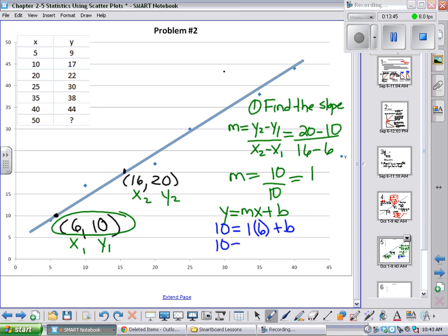So 10 equals 6 plus b. Minus 6, minus 6. I get b equals 4. So the equation of my line is going to be y equals, my m was 1, so I'm just going to put x plus my y-intercept is 4. So that's the equation of my line.